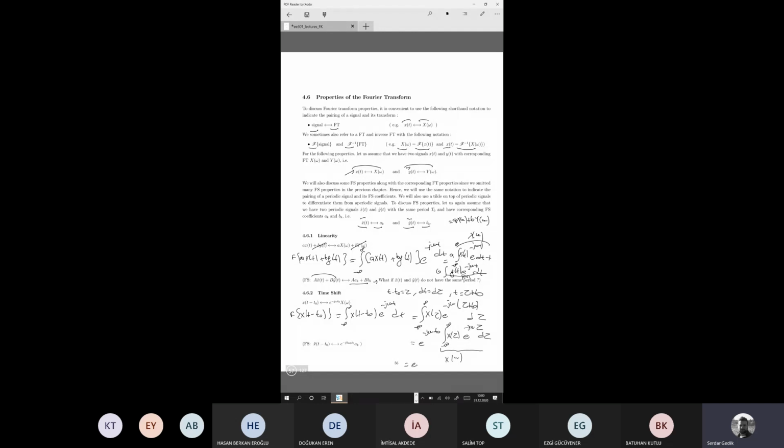So the result is e to the power minus j omega t0 times X of omega. So this is my time shift property. So if you shift in time, it is multiplied with a complex exponential in frequency. As you can remember, this was also similar in Fourier series discussions. If you shift a periodic signal, then the Fourier series coefficient is multiplied with the complex exponential. So this was a similar idea.